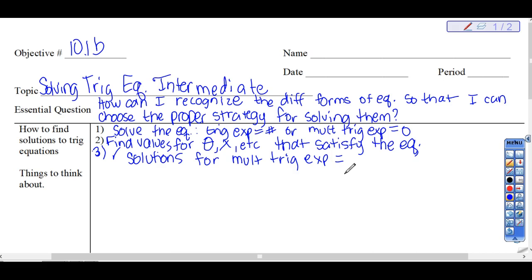Now, most of the time, if your equation equals 0, as long as one of the 2 trig expressions makes the equation equal 0, then you're good to include that in your answer. But say you got the sine of theta times the cosine of theta equals 1, or something like that, then you would have to check all of your solutions to make sure they're right.